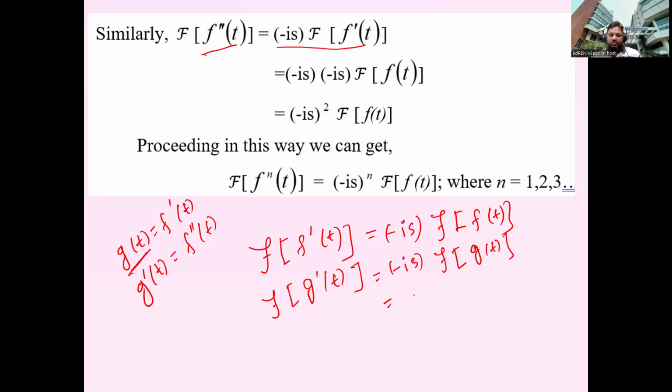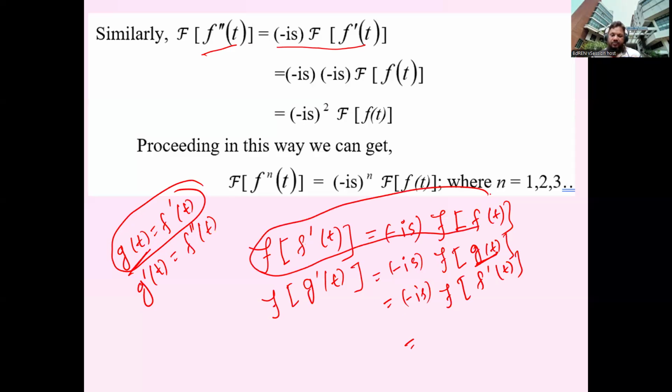Similarly, what is g of t? G of t can be written from here as f prime t. So Fourier transform of f prime t, now f prime t can be written from this expression again as minus is Fourier transform of f of t.